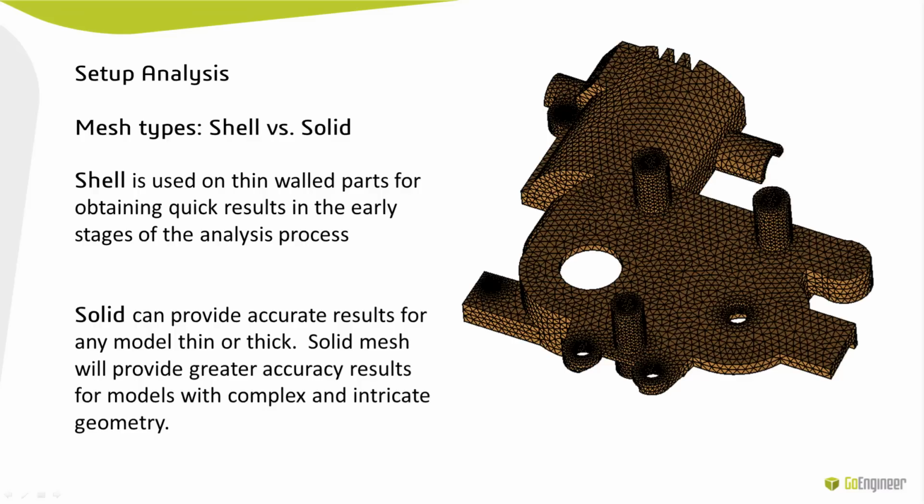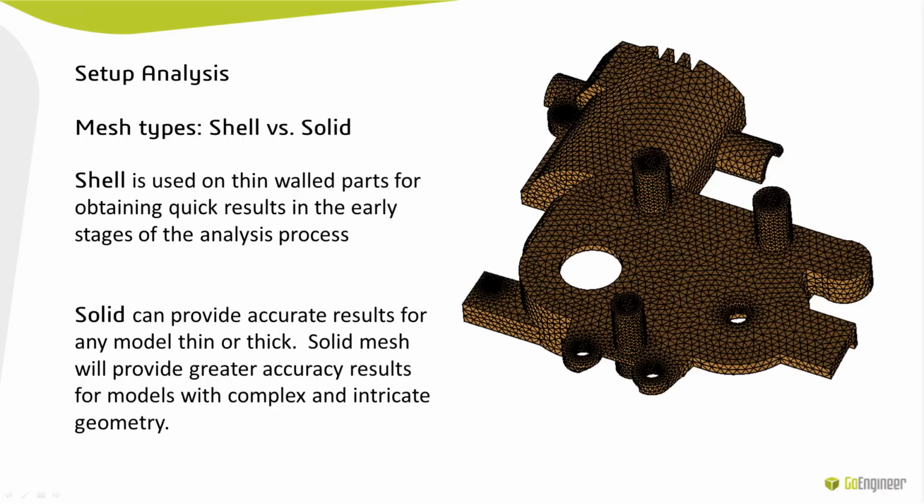So if it's just a basic shell case with no ribs, not a lot of radiuses, no bosses, things like that, and your wall thickness is one complete uniform thickness, then the shell mesh works pretty well just for seeing the basic flow of the material through the part.